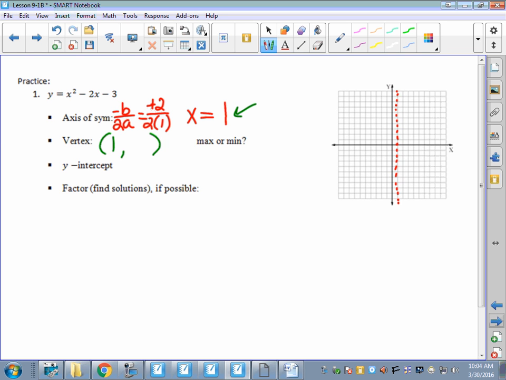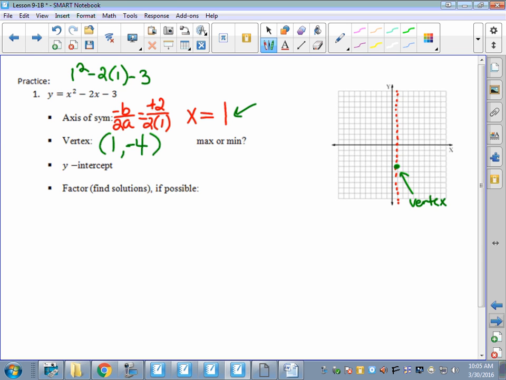When we plugged in a 1 to this original equation, we got 1 squared minus 2 times 1 minus 3. We ended up with 1, negative 4 for our vertex. So I'm going to go over to my graph. I'm going to go over 1, down 1, 2, 3, 4. And I'm going to put that point right there. Vertex.